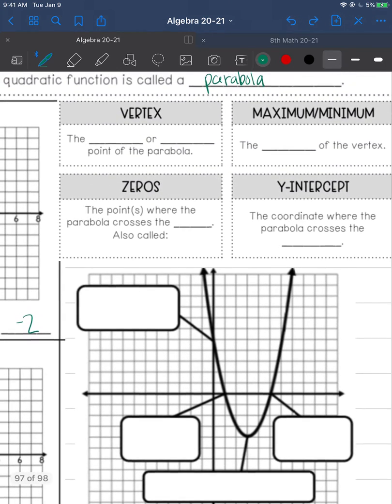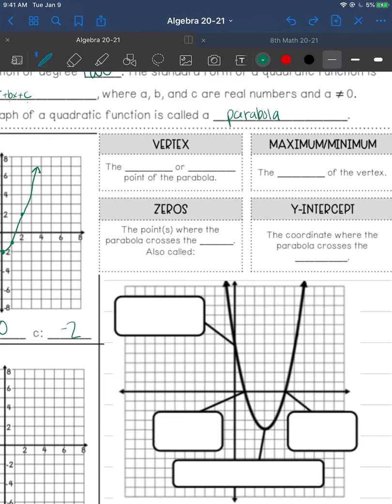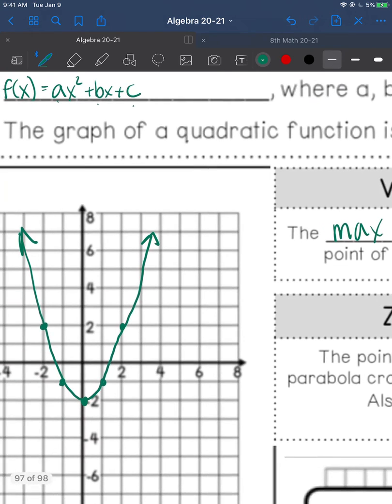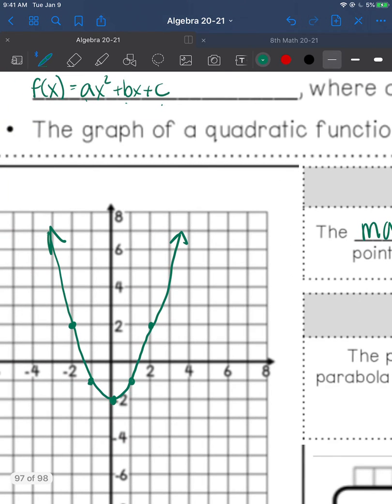But I want to talk about the different pieces of a parabola. The first thing is the vertex. The vertex is the maximum or minimum point of the parabola. If we were looking at this point, this would be our max right here.